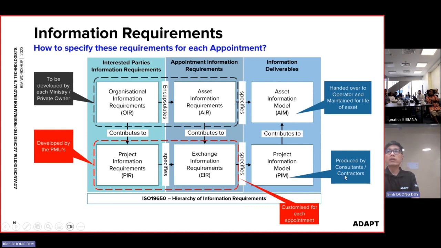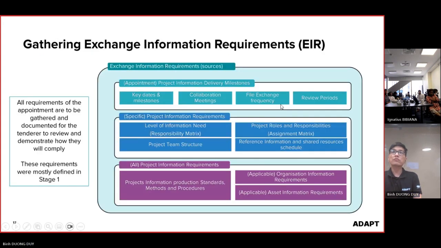This is produced by the consultant and contractor, and it is given with the handover process to the operator for maintenance of the asset. So this is the whole process of how the information of the BIM model develops from the early stage of requirements into design, construction and handover.